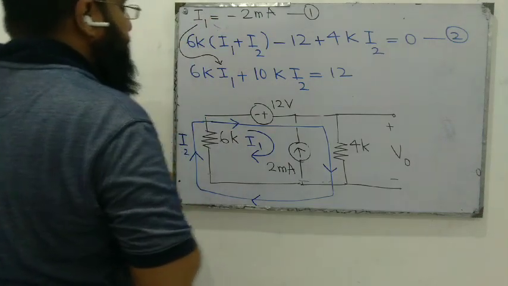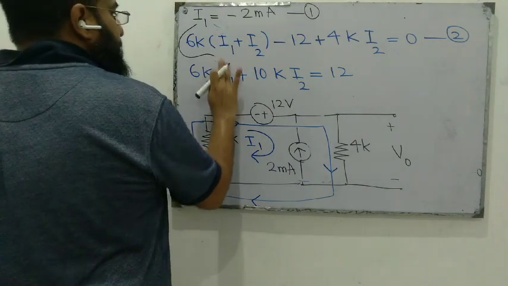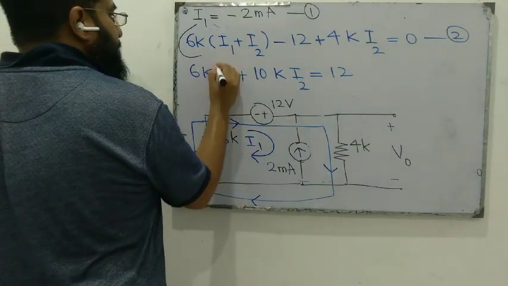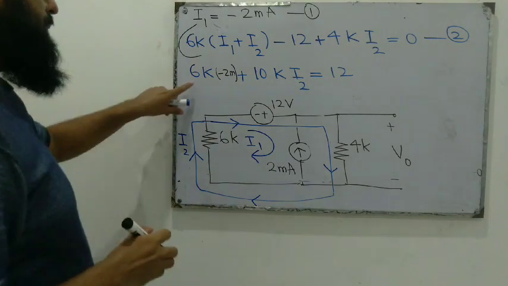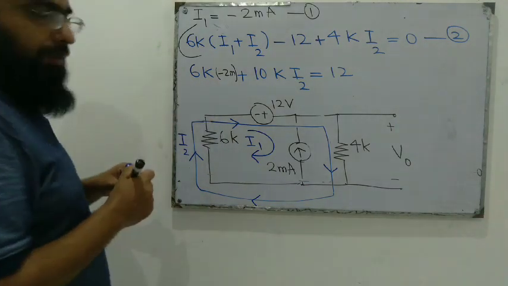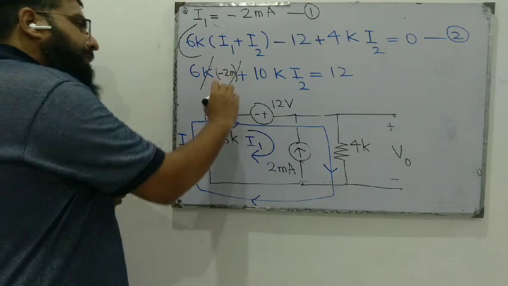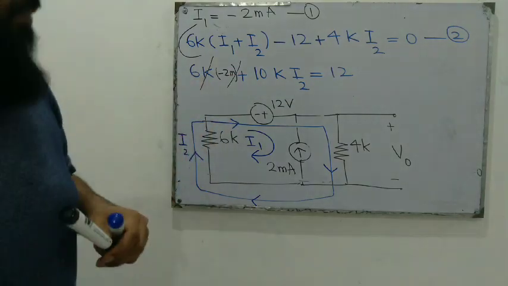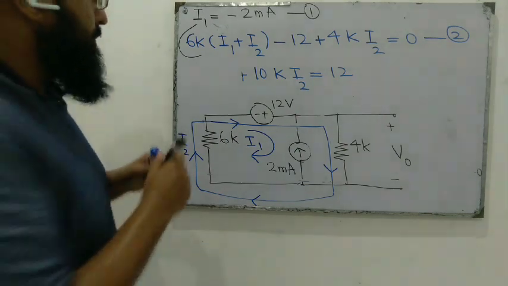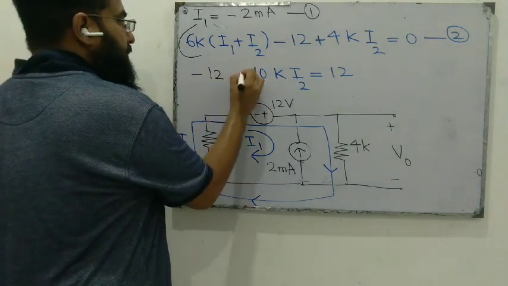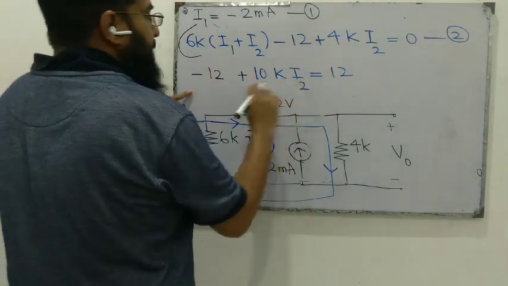Putting this value minus 2 milli here. This becomes 6 times 2 minus 12. Kilo multiplied by milli is a 1. So this becomes minus 12. Minus 12 taken on the other side becomes plus 12.